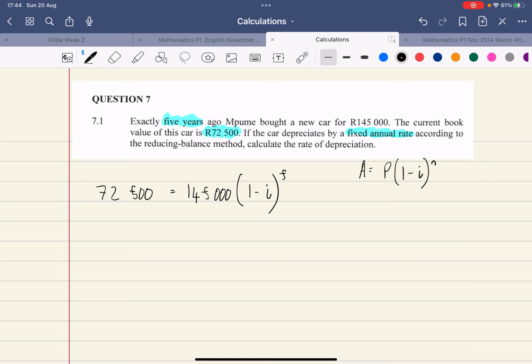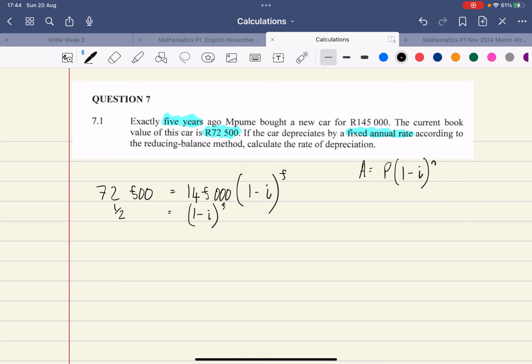Now all we do is we're going to solve for this i. So this is just some algebra, and I'll walk you through it. What I like to do is get rid of the 145k there, so that will be 72,500 over 145,000. That's half. So I just got rid of the 145k on that right hand side.